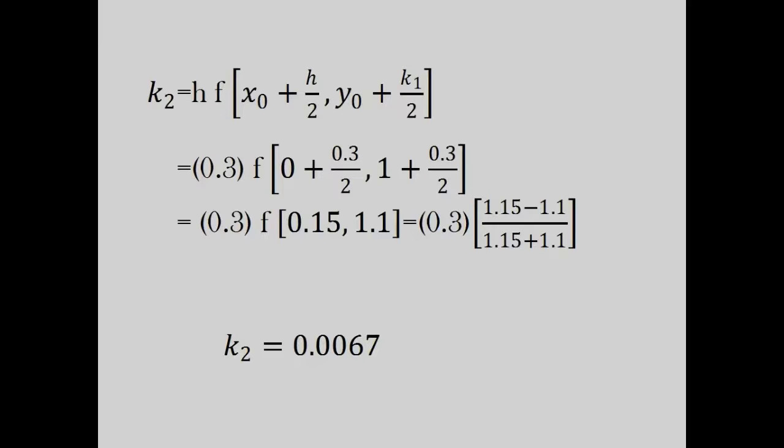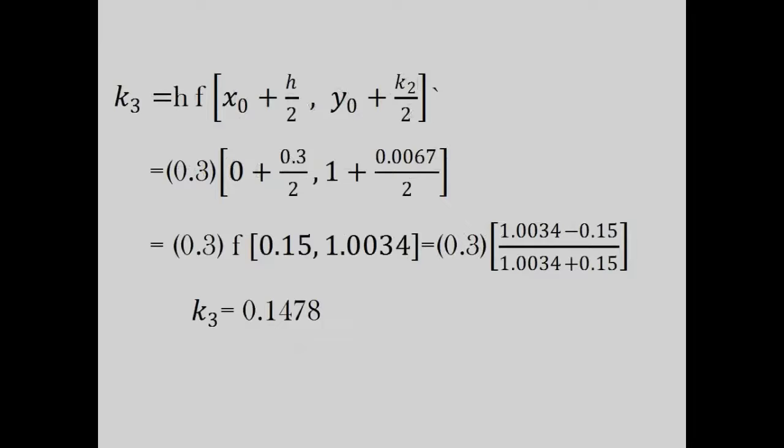Equals 0.3 times 1.15 minus 0.15 over 1.15 plus 0.15, and you will get k2 is equals to 0.0067.